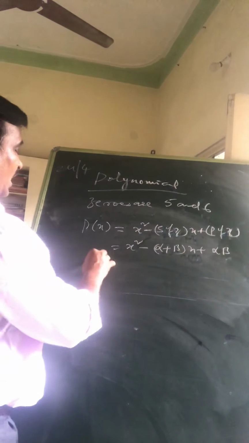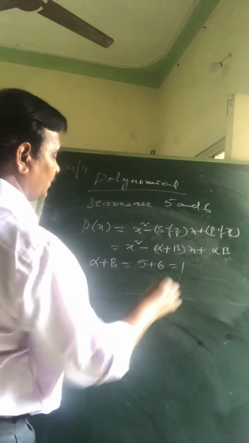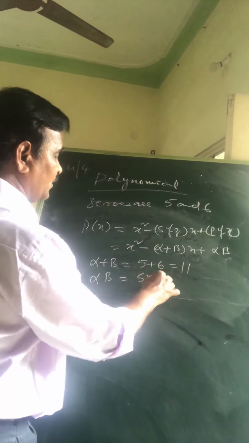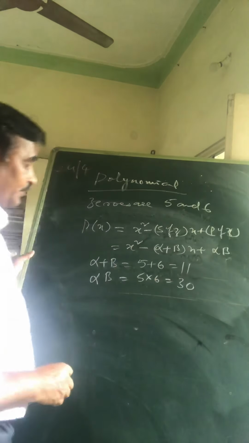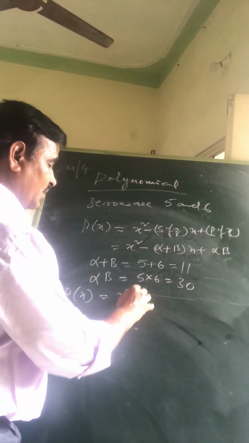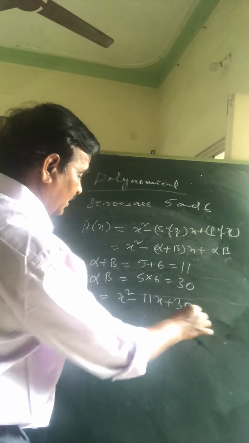Now alpha plus beta is equal to 5 plus 6, which is 11, and alpha beta is equal to 5 into 6, which is 30. Now the polynomial is x square minus 11x plus 30.